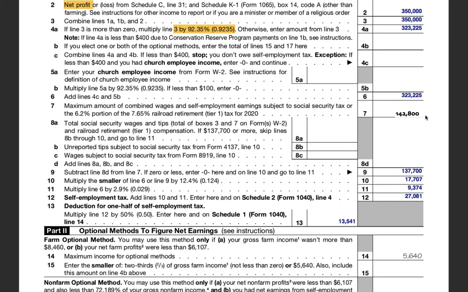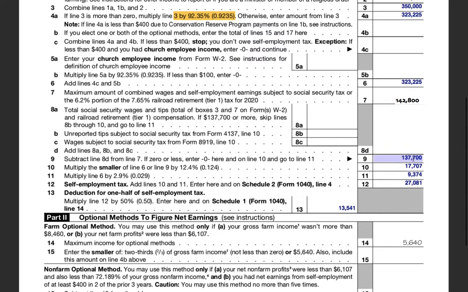Actually, I'm sorry, this is supposed to be 142 because the form I'm using is the 2020 form, but it's for 2022. That's why the number is a little different. So anyway, line 9 here is 142,800.